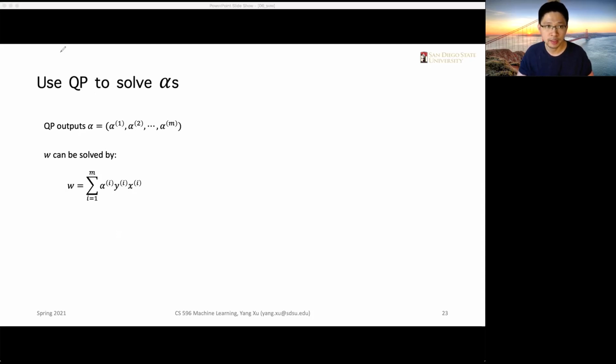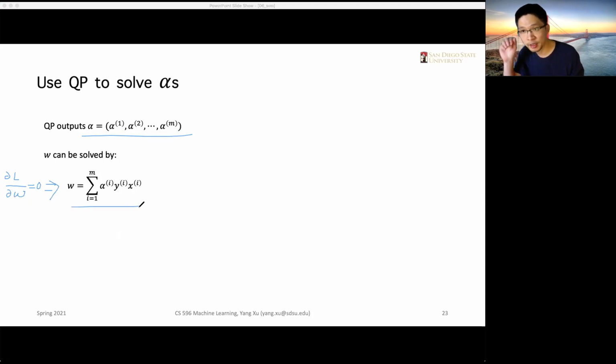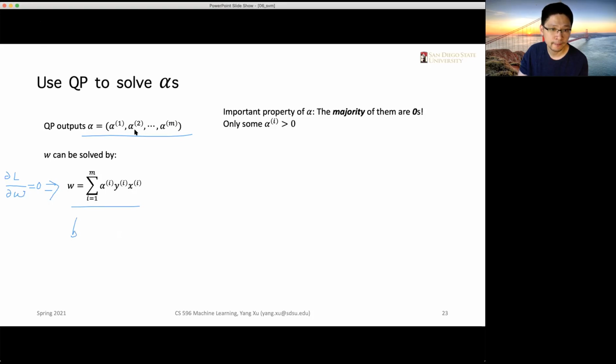Remember when we take the derivative of L with respect to W and set it to 0, that's how we get this W. So once we know alpha, we can plug it into this form and solve W. And W is exactly part of the parameters of the plane. And also we need to solve B as well, right?